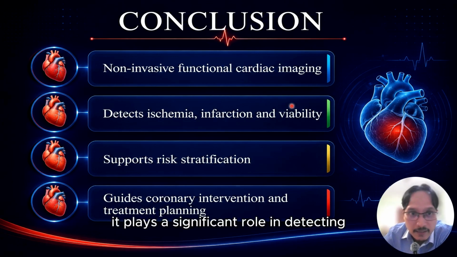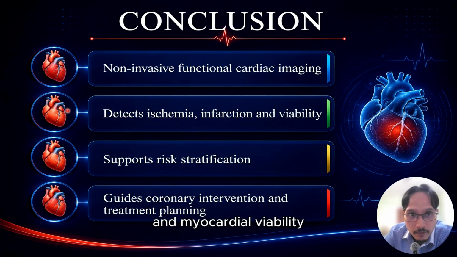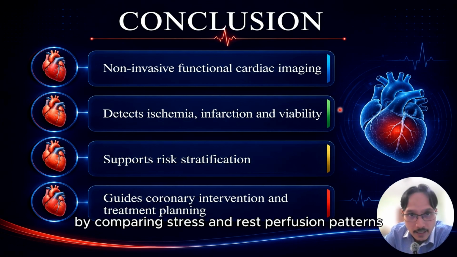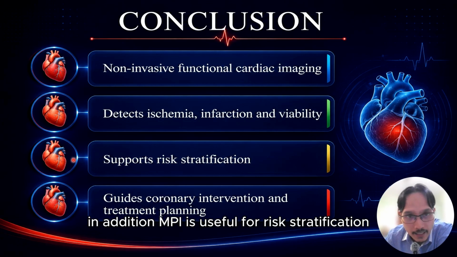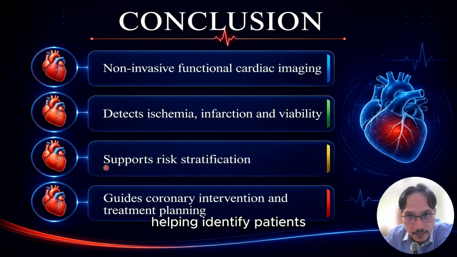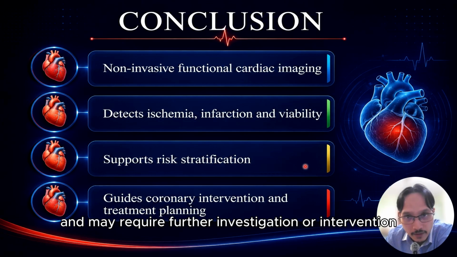It plays a significant role in detecting myocardial ischemia, infarction, and myocardial viability by comparing stress and rest perfusion patterns. In addition, MPI is useful for risk stratification, helping identify patients who are at higher risk of adverse cardiac events and may require further investigation or intervention.